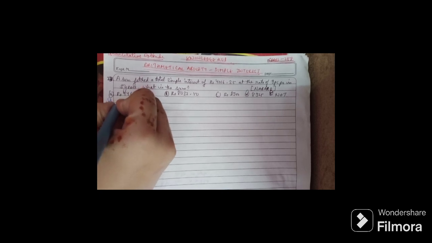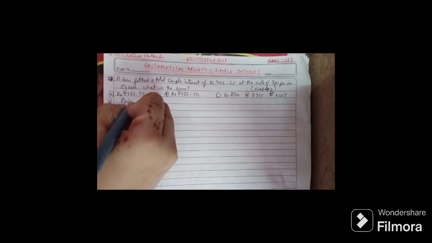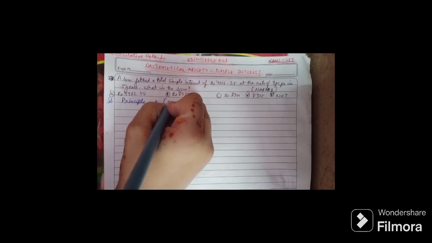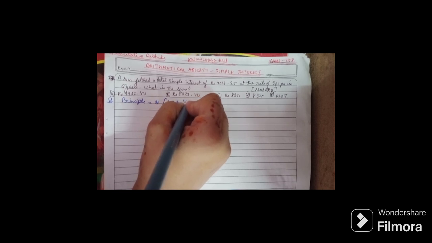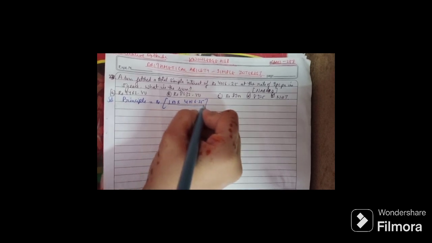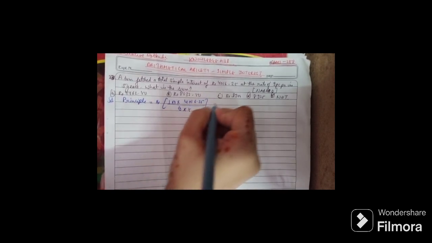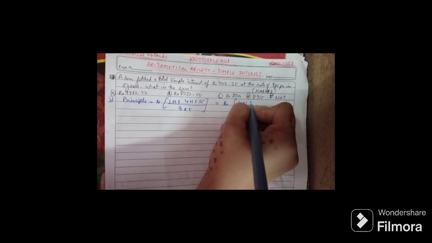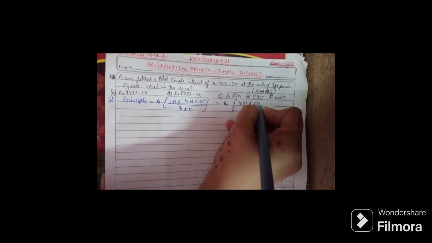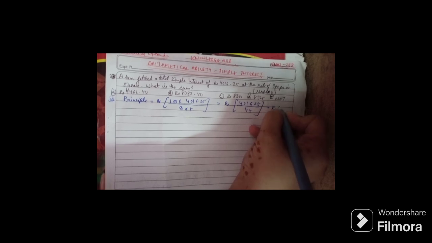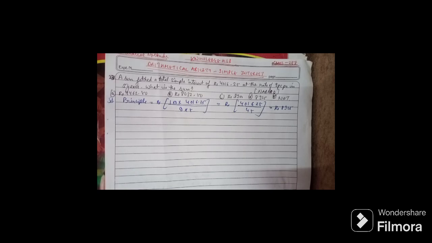So principal equals rupees 100 into 4016.25 upon 9 into 5, which is 401625 upon 45, equals 8925. That will be the right answer here.